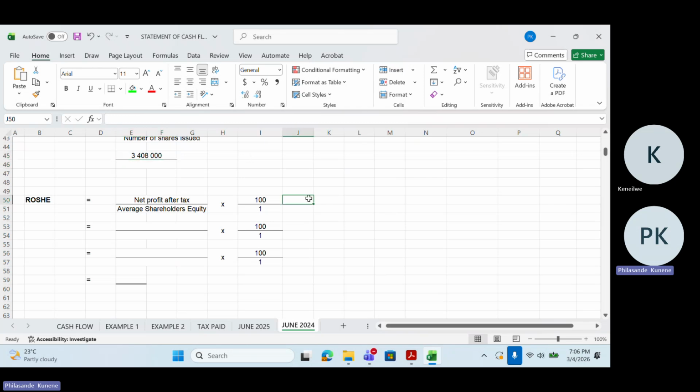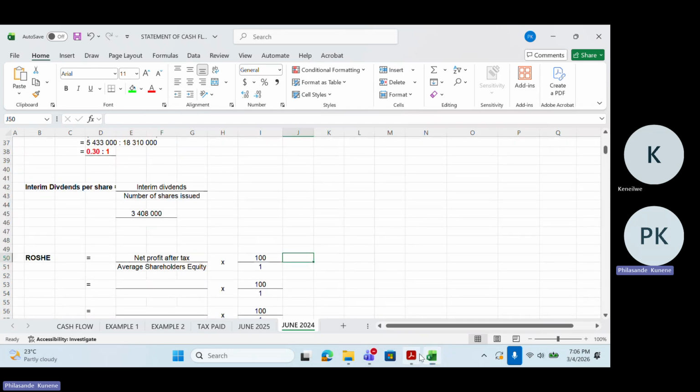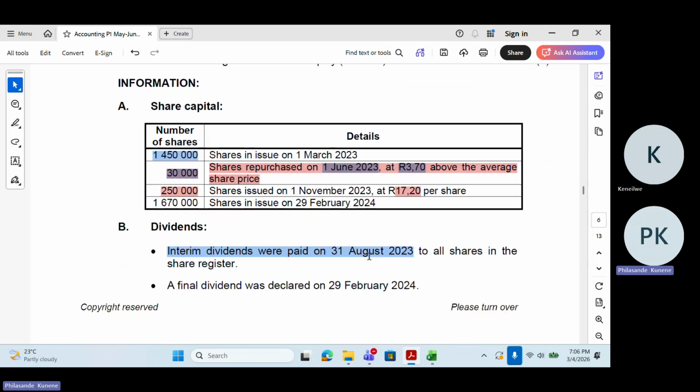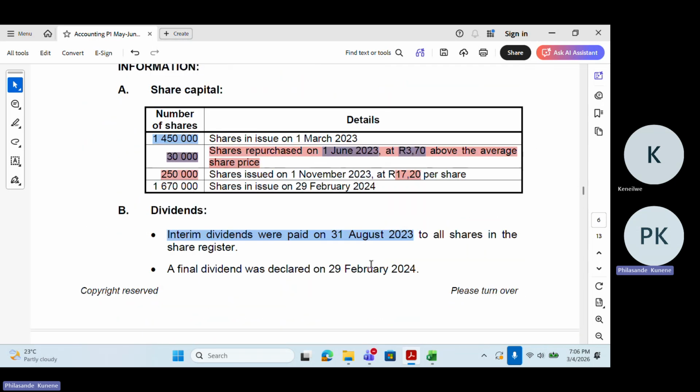We need to go and check on that. Okay, how many shares qualified for interim dividends? They said here interim dividends were paid on 31 August 2023 to all shares in the share register. Can you see this one? Now, because we paid on the 31st of August, that's when we said the 30,000 does not qualify for interim dividends.